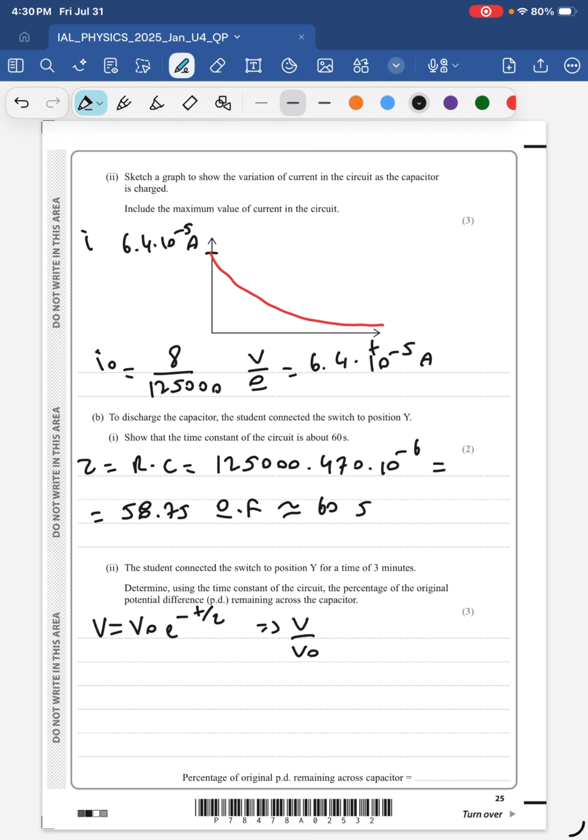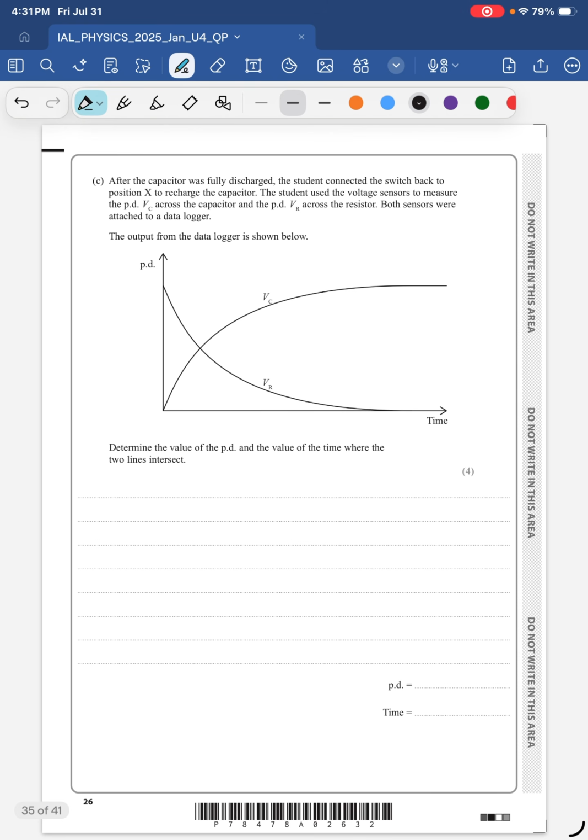So V over V naught is e to the minus 180 over 58.75, which is equal to 0.0467, or about 4.67%. Okay, keep moving.